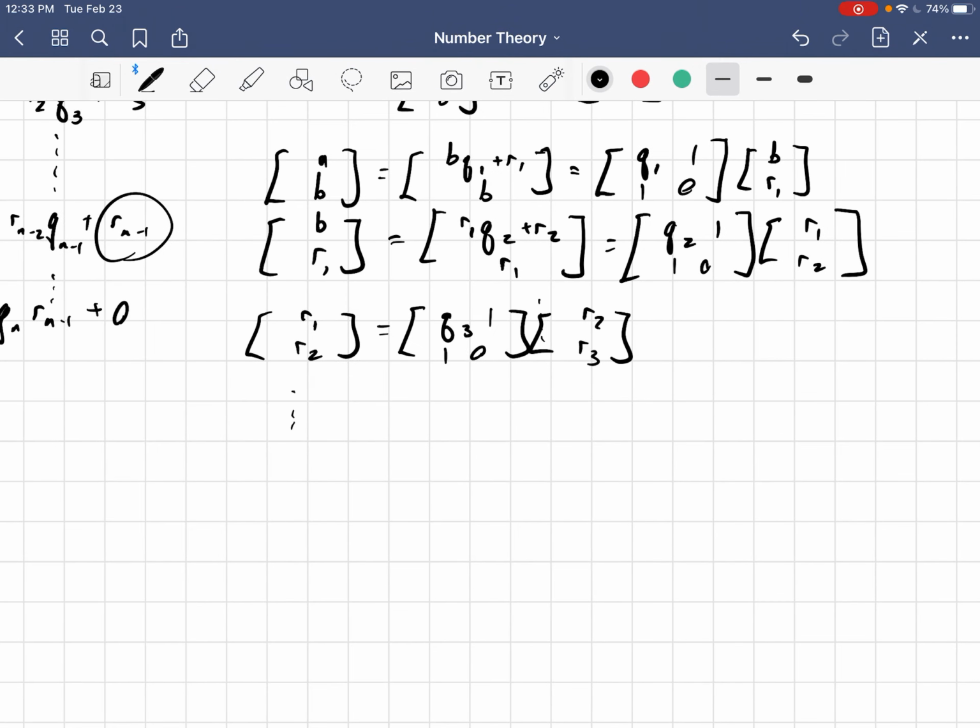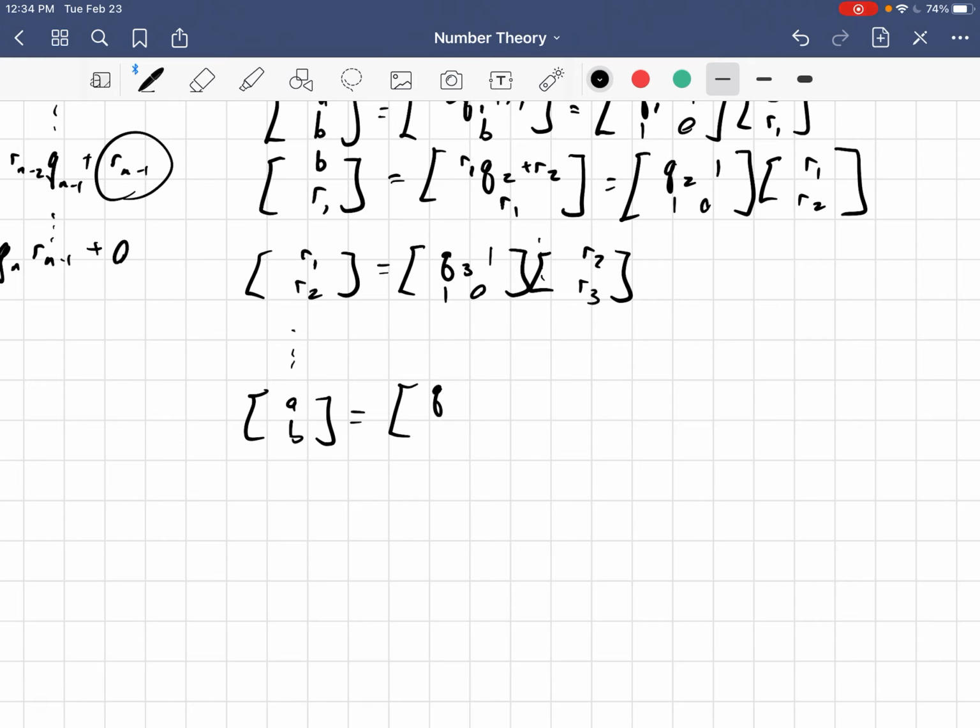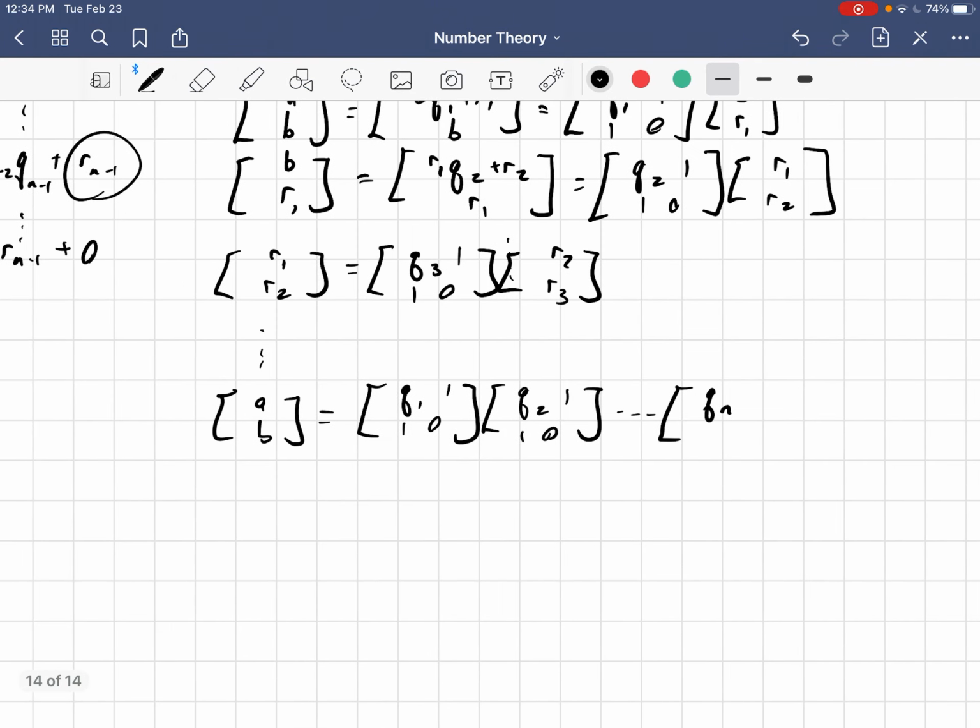Eventually, we're going to get to the point where the matrix AB is equal to Q sub 1, 1, 1, 0, Q sub 2, 1, 1, 0, so on, up to the point where we'd have Q sub n, 1, 1, 0, multiplied by R sub n, the greatest common divisor, and then 0. Because eventually the remainders will go to 0 by the well-ordering principle.